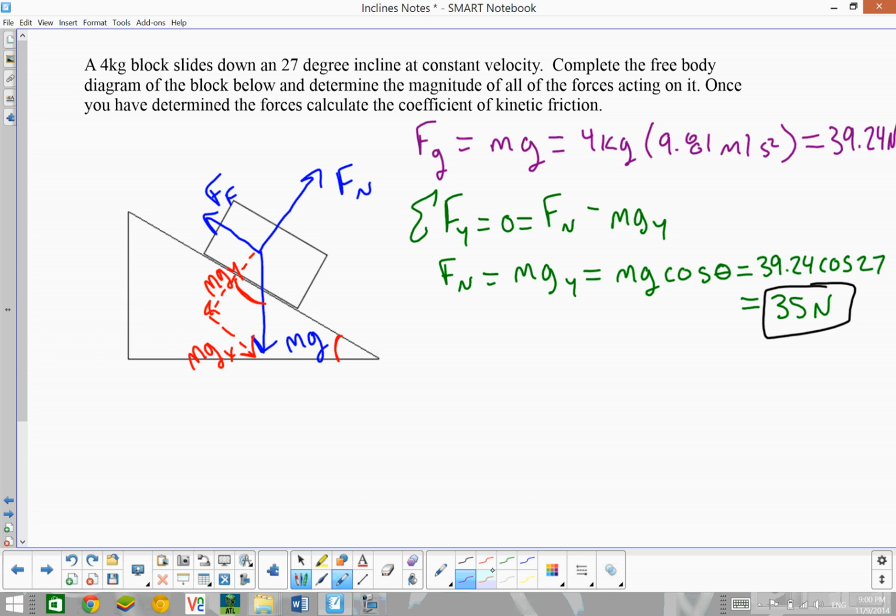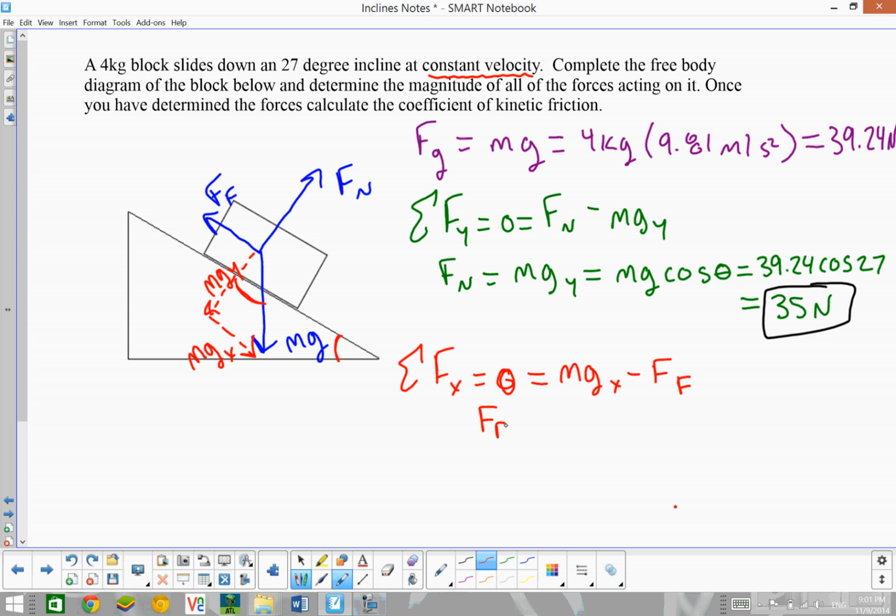We're going to find the friction force in a very similar manner, but we're going to look in the x dimension, because the x dimension is the one that the friction force is in. And we know that the net force in the x dimension is 0, because once again, it's traveling at constant velocity. It's again very important to pay attention to. Constant velocity means net force is 0. Which means we're looking at mgx minus your force of friction.